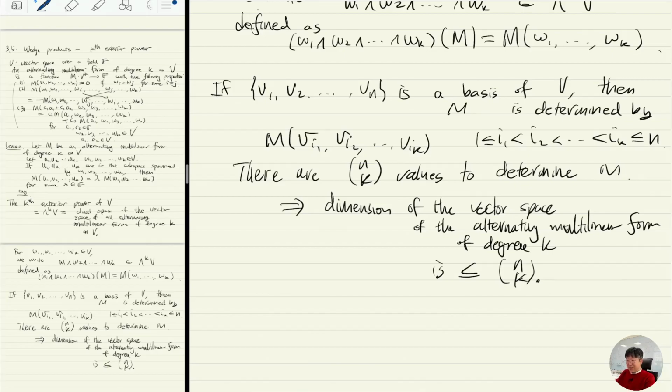So it's at most n choose k, and actually it's going to be n choose k.